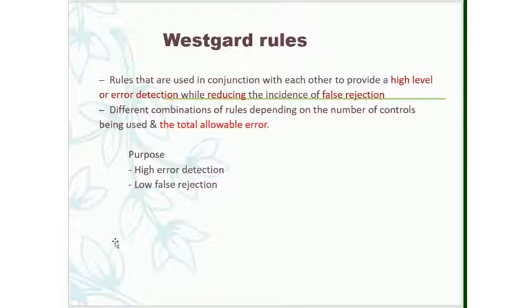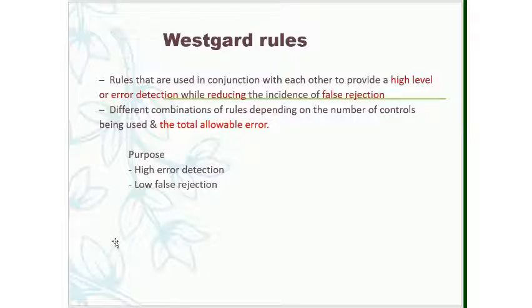Okay, so another way to interpret the QC data, we use the Westgard rules. They are rules that are used in conjunction with each other to provide a high level of error detection while reducing the incidence of false rejection.